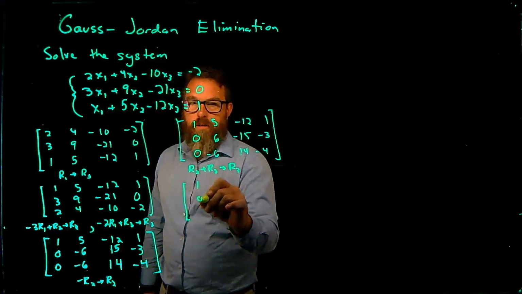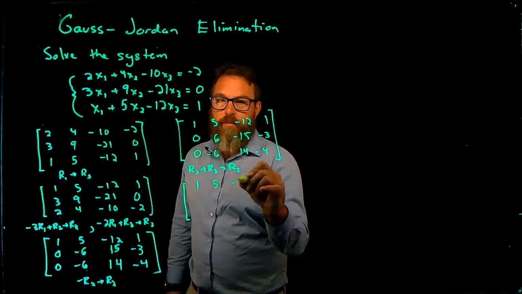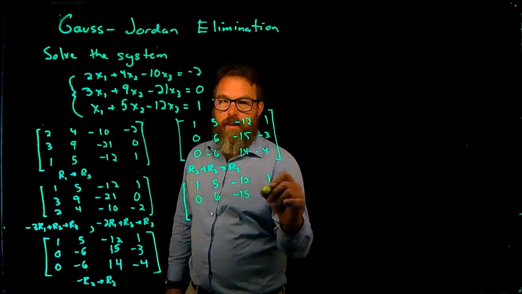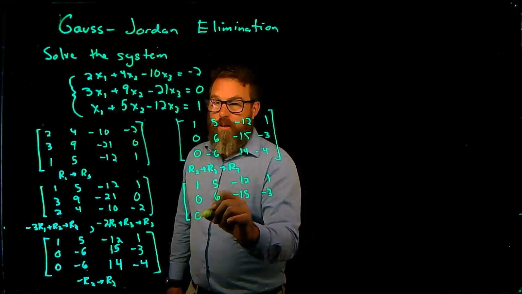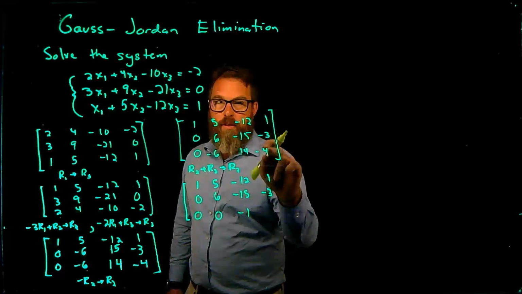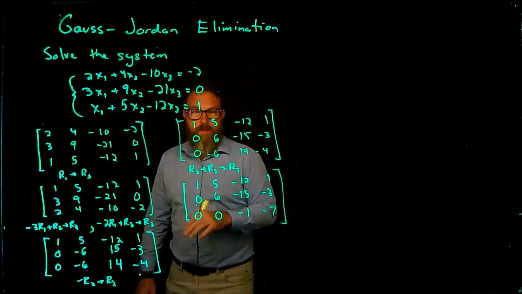Let's rewrite row 1 and row 2: 0, 6, minus 15, minus 3. Now for row 3, this plus this is 0, this plus this is negative 1, and this plus this is negative 7. All right, so that made that pretty nice.